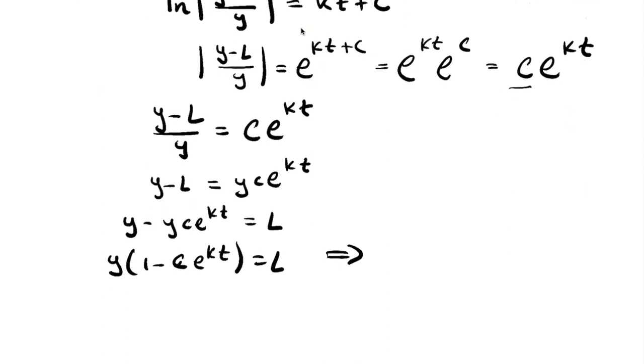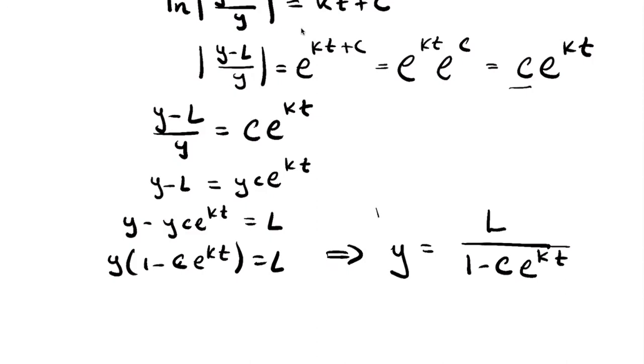And if I divide both sides by that parenthesized expression, I've got the solution that I'm after. y is equal to L, the carrying capacity, over 1 minus some constant, which I'm calling C, times e to some constant, which is called k, times t. But be careful, that k is not the original k. The original k in the model, the constant of proportionality, this new k is actually L times it.